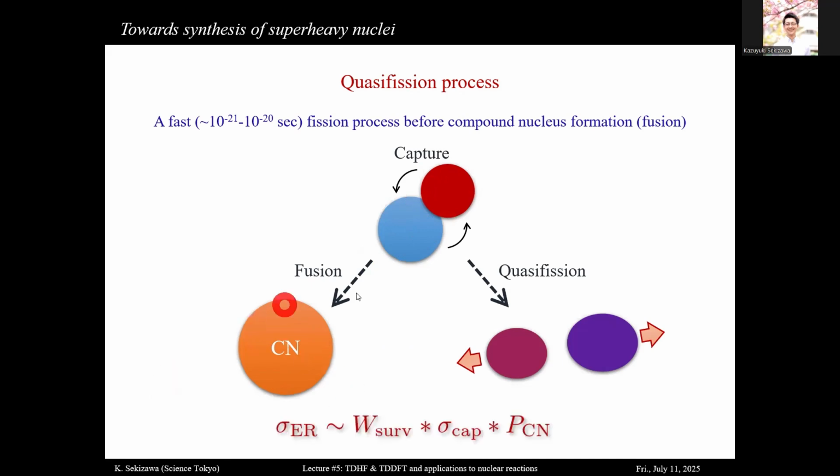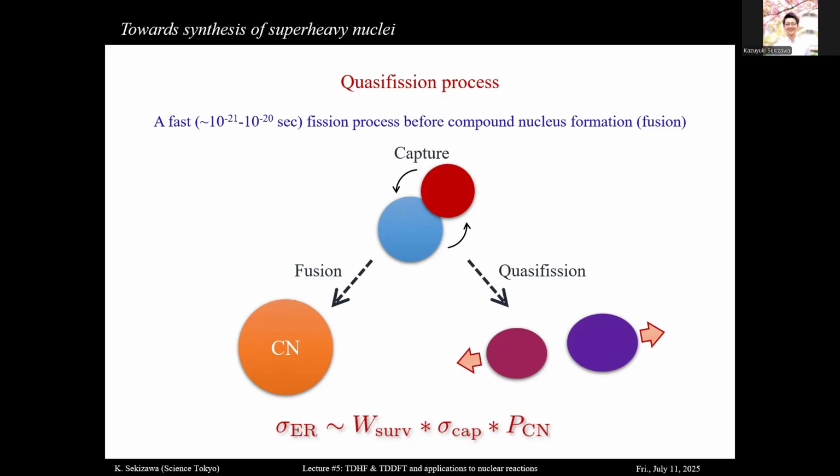And the evaporation residue cross-section, the formation of the final fusion product, can be given with this kind of simple formula. P_CN is the compound nucleus formation probability, sigma is the capture cross-section, and W_sur is the survival probability.